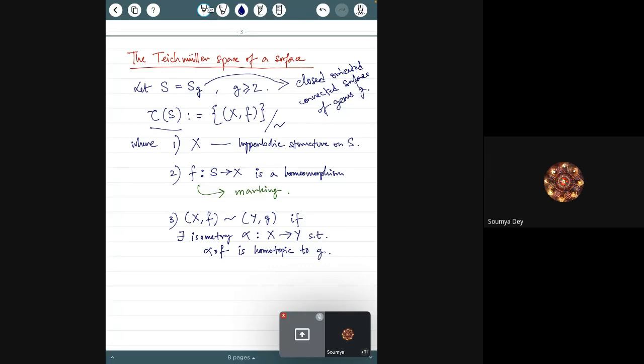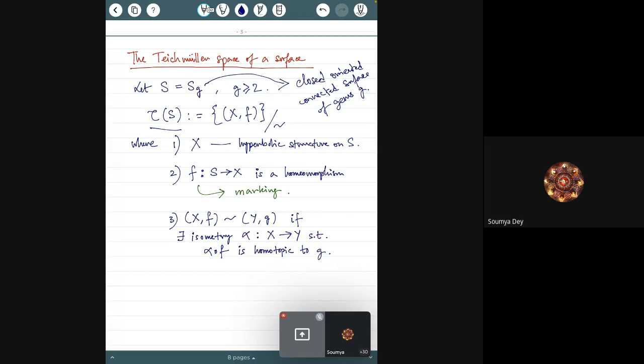Now, what is this Teichmüller space? We will consider all pairs (X, f), where X is a hyperbolic surface which is homeomorphic to S. So basically a hyperbolic structure on our topological surface S, and f is a homeomorphism from S to X. Here S is our topological surface, X is the hyperbolic structure or hyperbolic surface, and we are calling such a homeomorphism a marking.